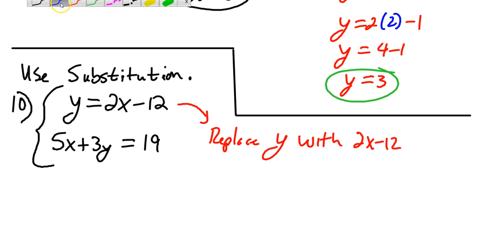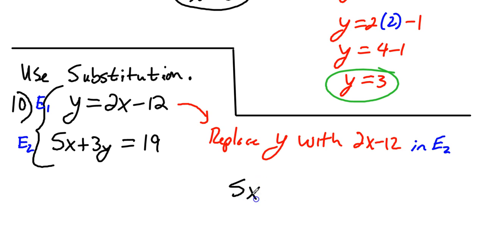So if this was equation 1, and this was equation 2, since this is coming out of equation 1, we're going to replace y equals 2x minus 12, and we're going to do that in equation 2. So we've got 5x plus 3.